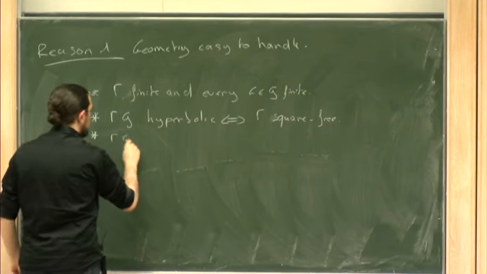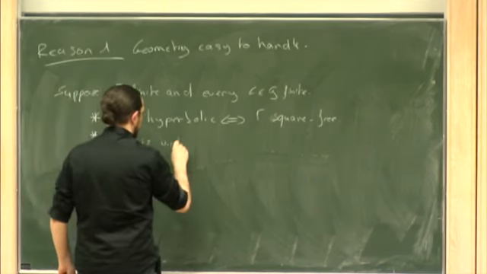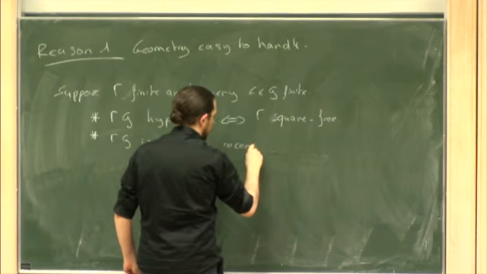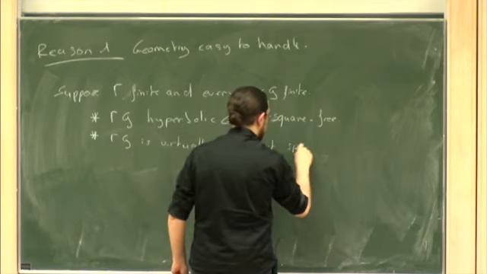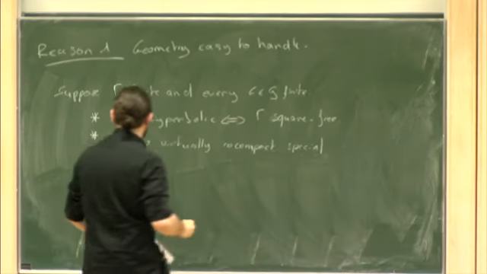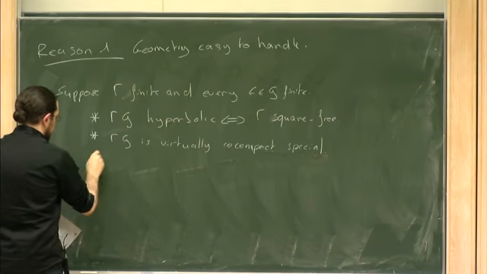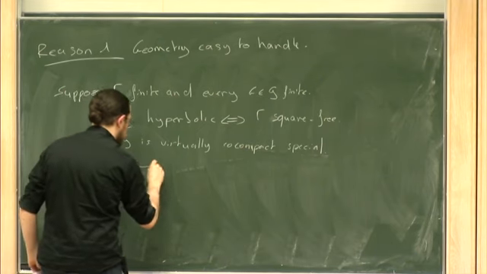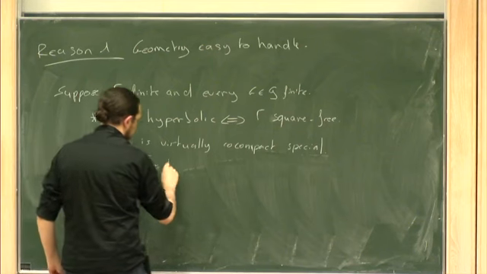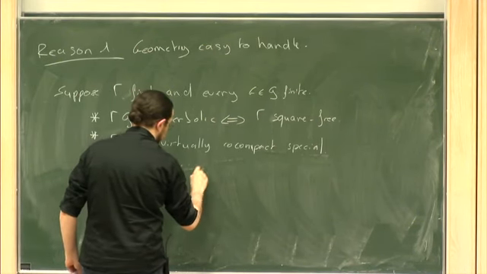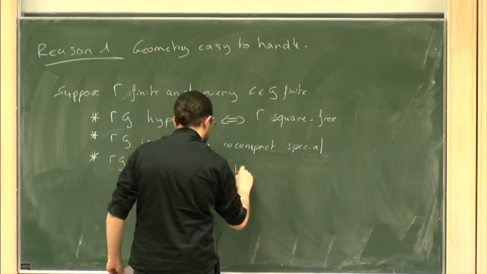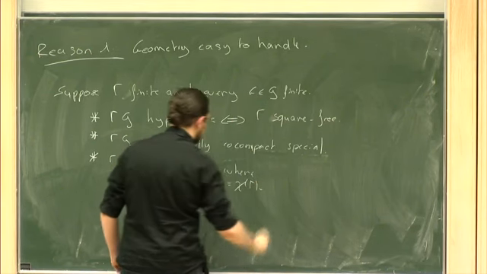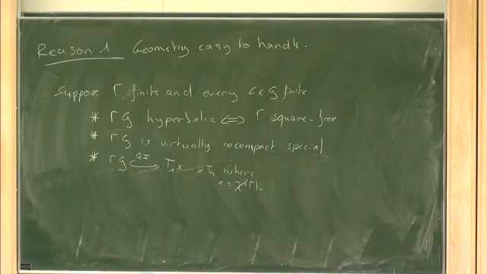Another result is that ΓG is virtually co-compact special. If you don't know what it means, you can forget this statement. And the last one: ΓG quasi-isometrically embeds into a product of n trees, where n is equal to the chromatic number of Γ.